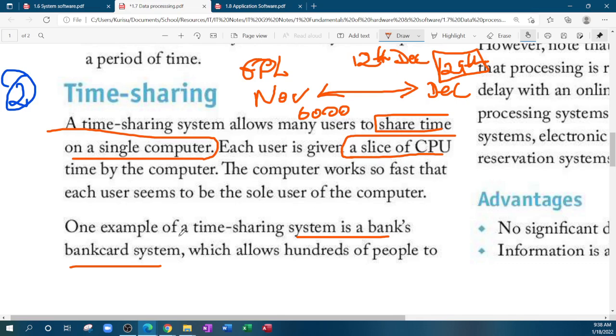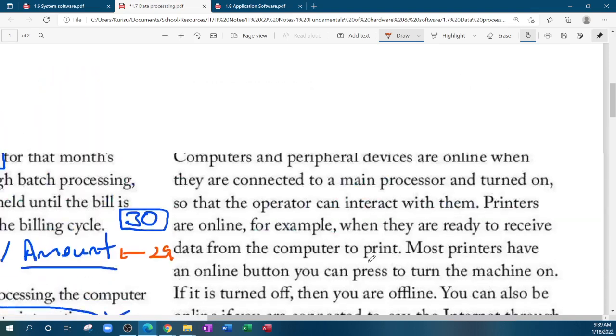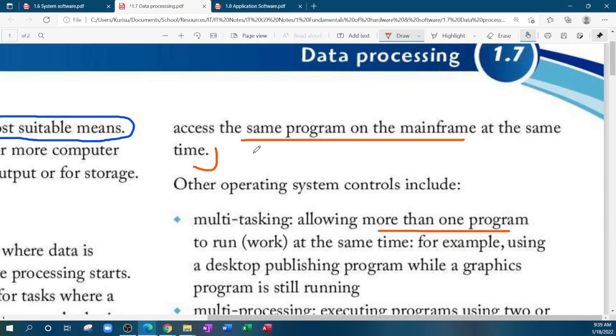So what is an example of time sharing? We have the example of a bank card system. So hundreds of people access this one system, this one program on the mainframe at the same time.